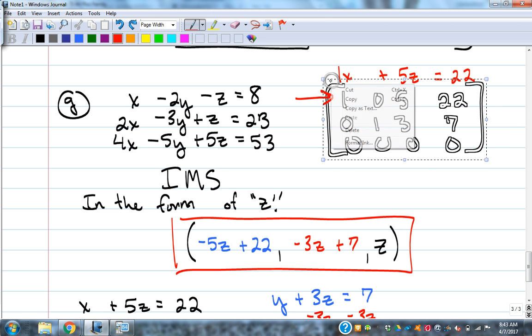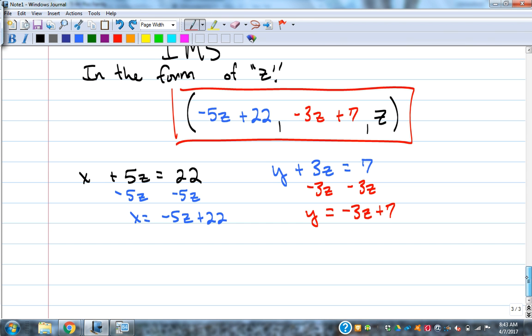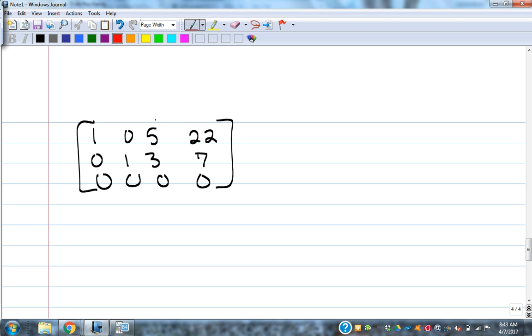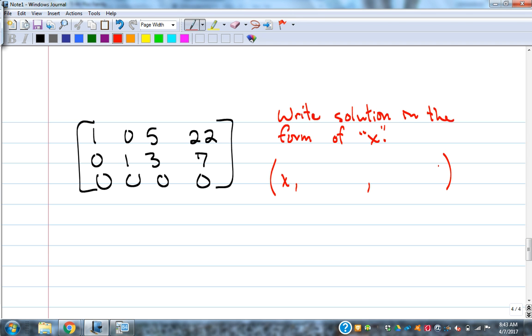We're going to take this matrix and write our solutions in the form of X. That means our ordered triples are going to look like this: X in the first spot, and we have to find the rest in terms of X.